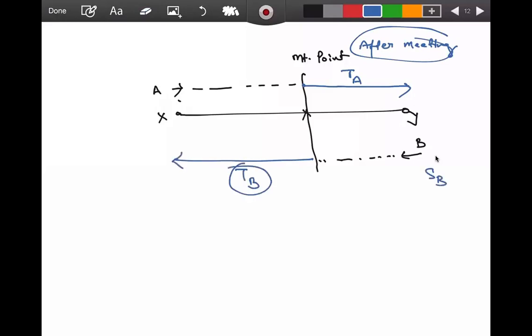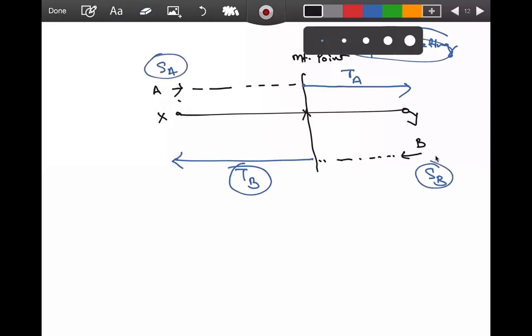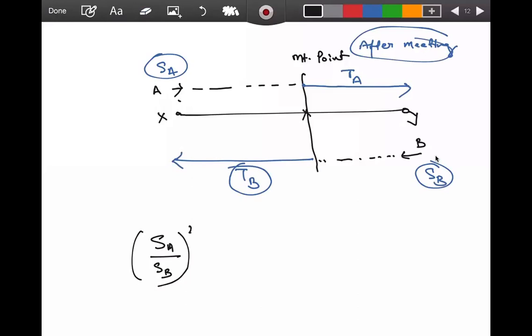This is a very important word for this type. Suppose the speed of B is SB, speed of A is SA, so you will have a relation which says that SA upon SB is equal to under root TB upon TA.